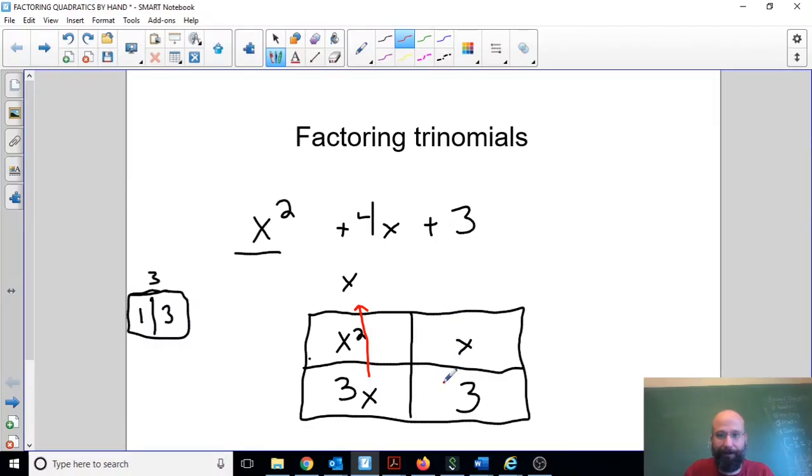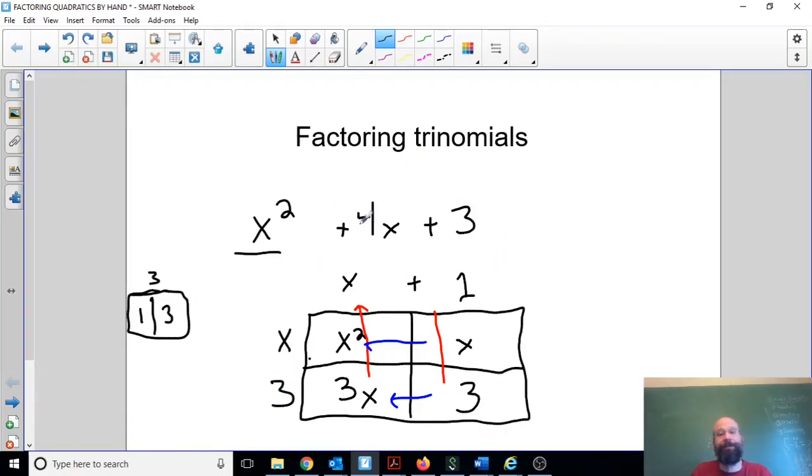And then we go this way, x and 3, the GCF is only 1, positive. And now we find the GCF going across. X squared and x, the GCF is x. And the GCF of 3x and 3 is just 3.